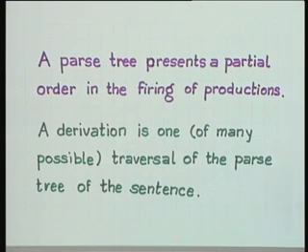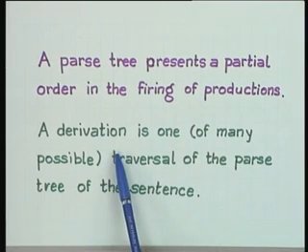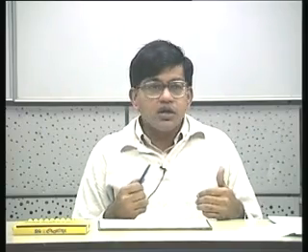And we can look upon a derivation of a sentence as just one of many possible traversals of the parse tree of the sentence. So for each sentence what we would like to have is a unique parse tree, not necessarily a unique derivation. What we want is a unique parse tree. Okay. So depending on how you decide to traverse the tree, you have various possible derivations.